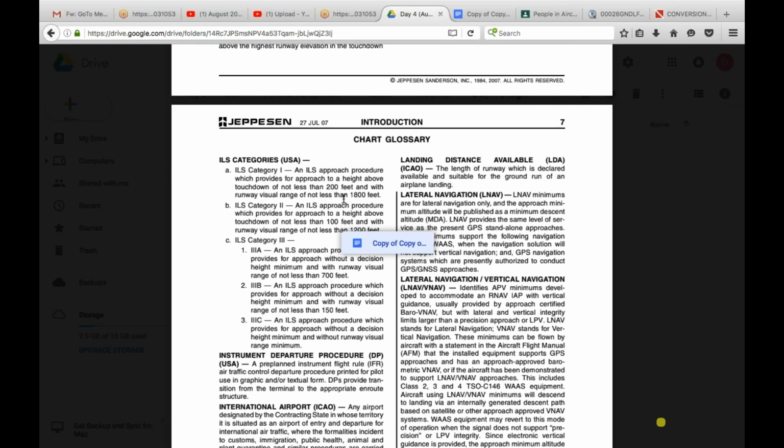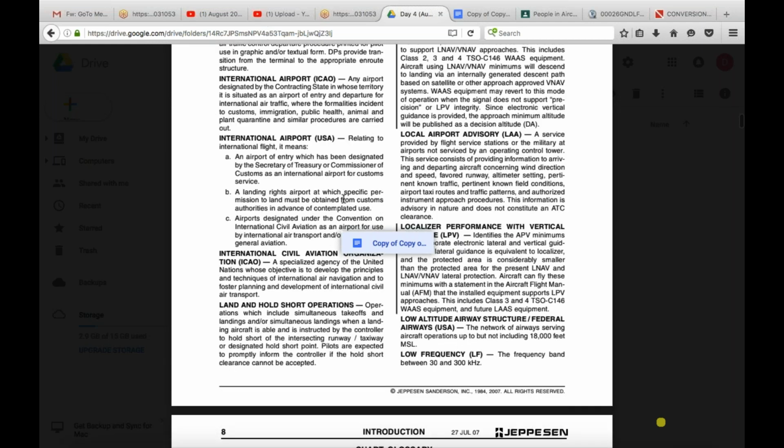If you have questions on departure procedures, or you see a DP on a map, you can find instrument departure procedure, and it tells you what a departure procedure is. So just showing you guys that this is the companion for the maps, and what information is in it.